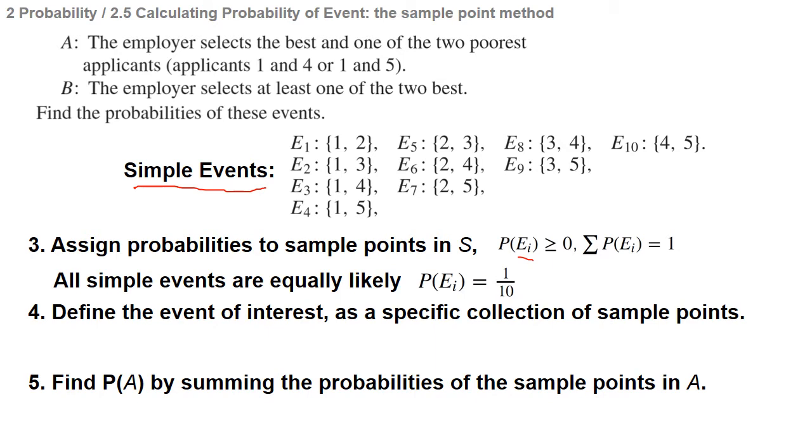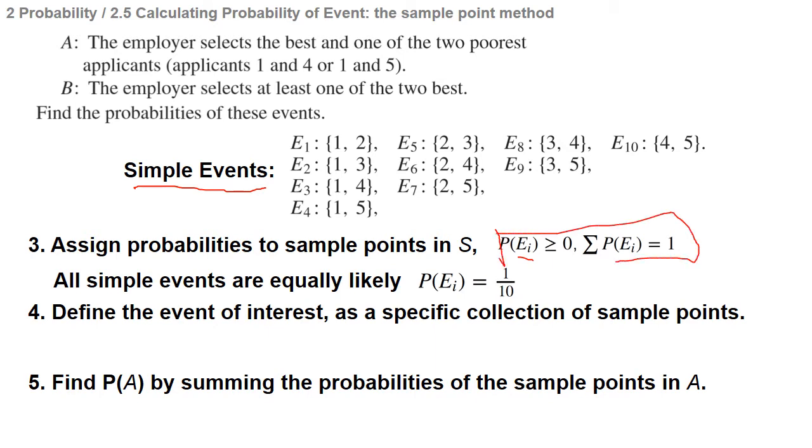So we are assigning equal probability for all the cases. And since we have 10 simple events, we can assign 1/10 to each of the simple events. So we are assigning our probability of each simple event as 1/10, and that will meet this property.